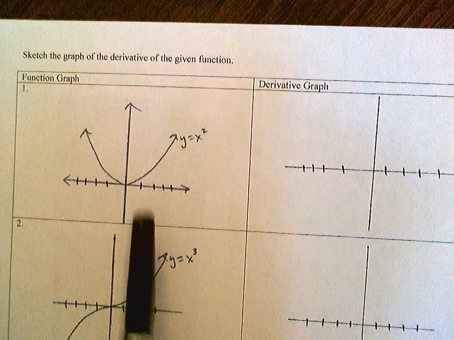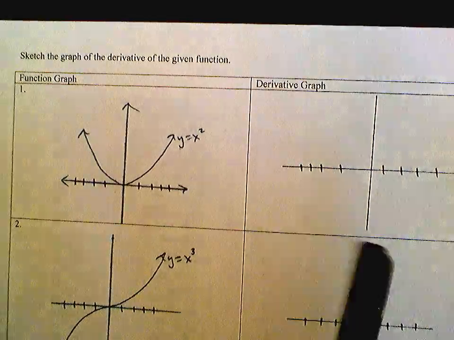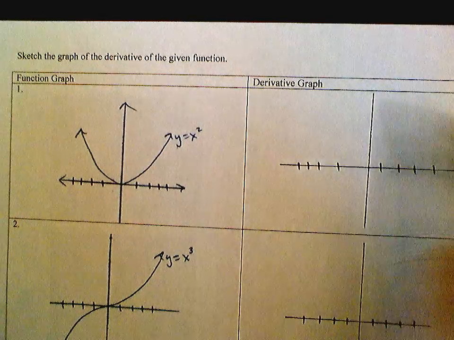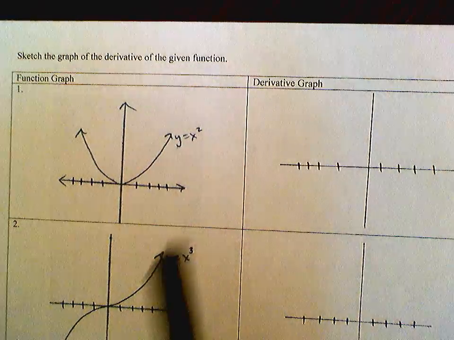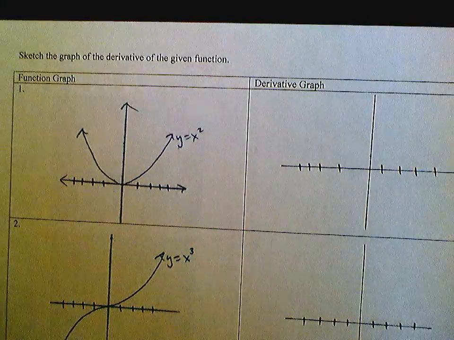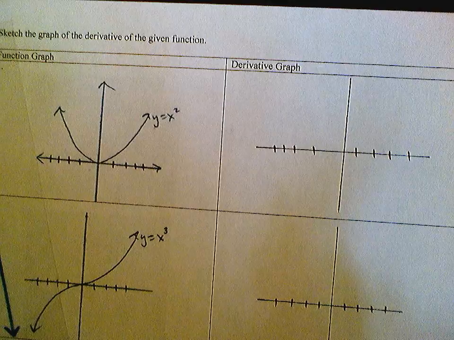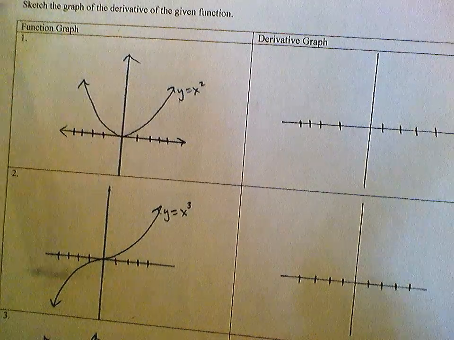That's a line. So the derivative of a parabola, or of a quadratic function, is going to be a linear function. So I already know I'm going to have a line over there, but let go of that, please. Let go of the fact that you know the derivative of this is 2x and that you know what that line looks like. Let it go, because that's not going to help you in the future.